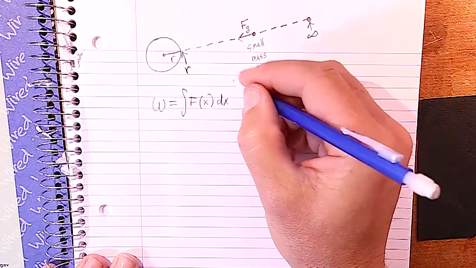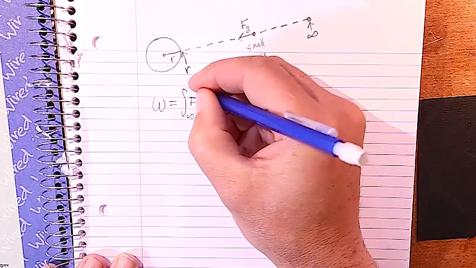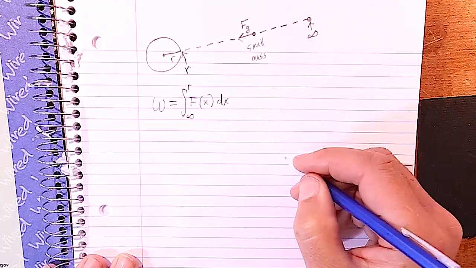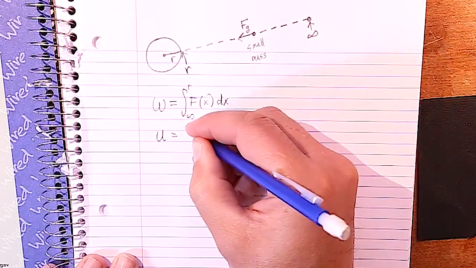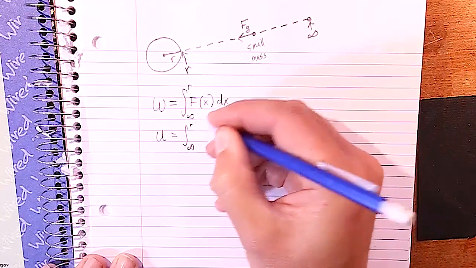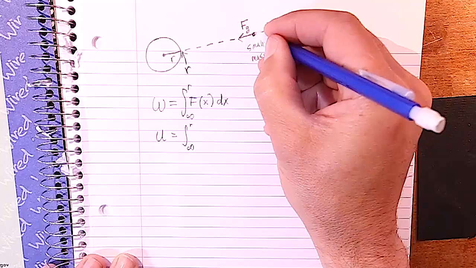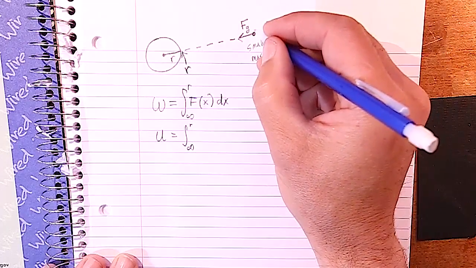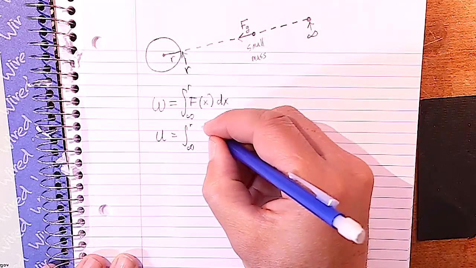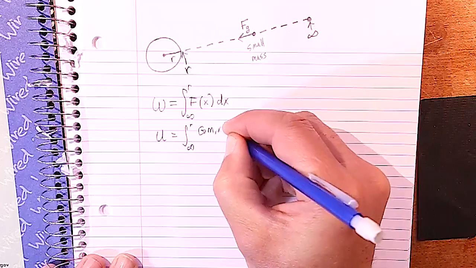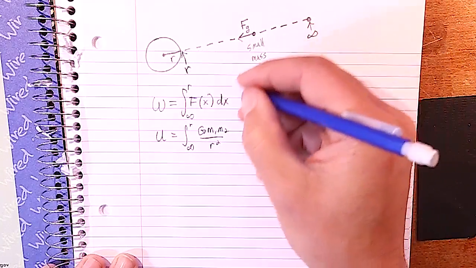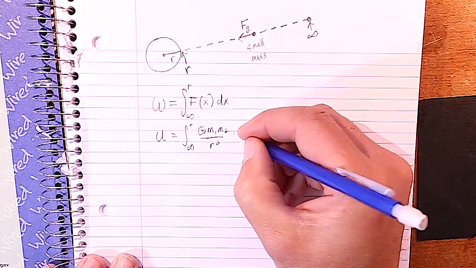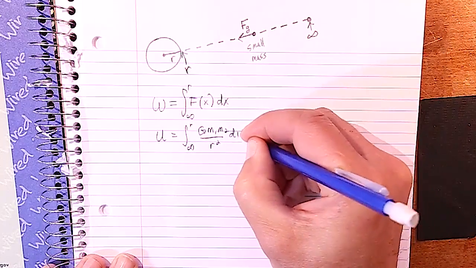And we're going to be moving it from infinity back to r, so that we can find that potential energy. So that potential energy is going to be from infinity to r, but what's that force? Well, that force is changing, and we know that that force at any instant in time is G m1 m2 over r squared, and we're doing this for our dx, which in this case is going to be r, so this becomes dr.